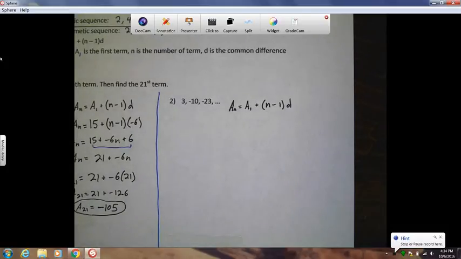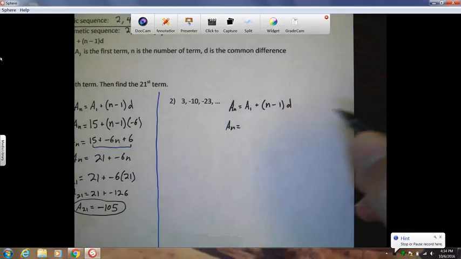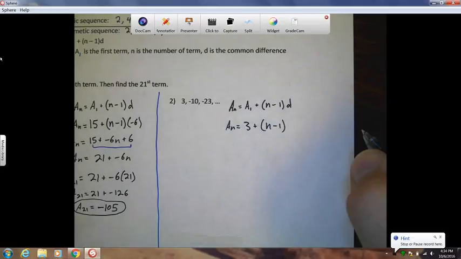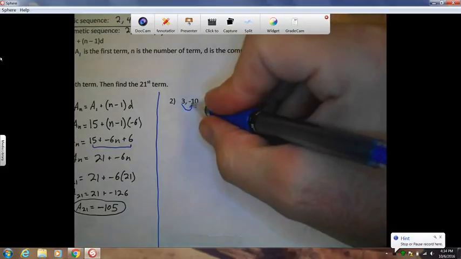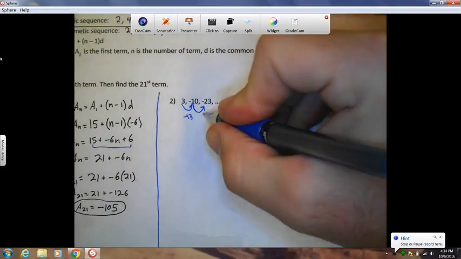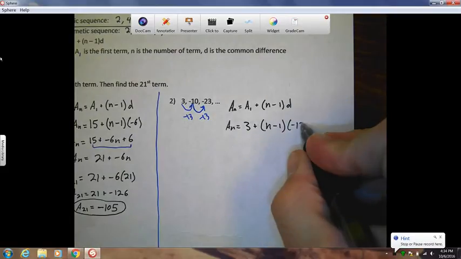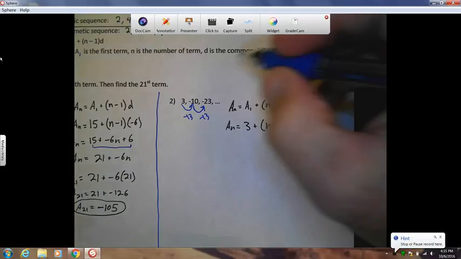So a sub n equals the first one, which is 3. And now I need d, which is the common difference. So this looks like I'm subtracting 13 every time. So minus 13. Make sure you know where these numbers come from. So here's 3.